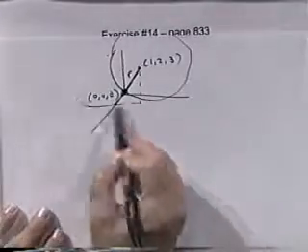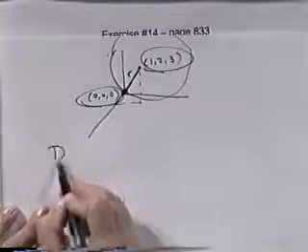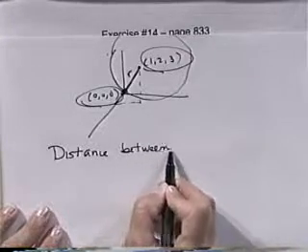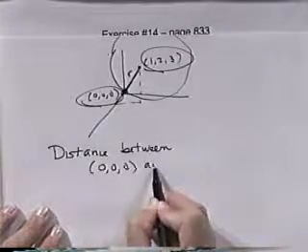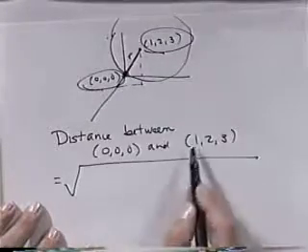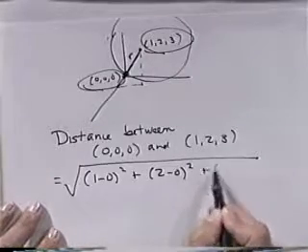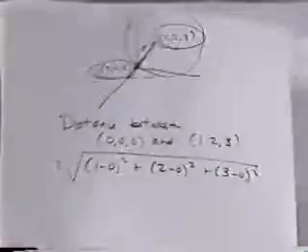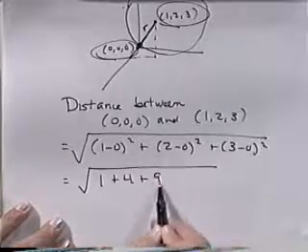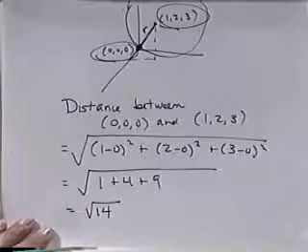Let's find the distance between 0, 0, 0 and 1, 2, 3, right? Using the distance formula, it would be the square root of (1 minus 0) squared plus (2 minus 0) squared plus (3 minus 0) squared, which gives me the square root of 1 plus 4 plus 9, which is the square root of 14.